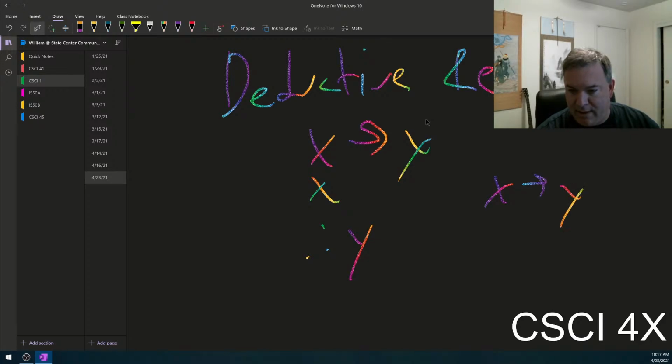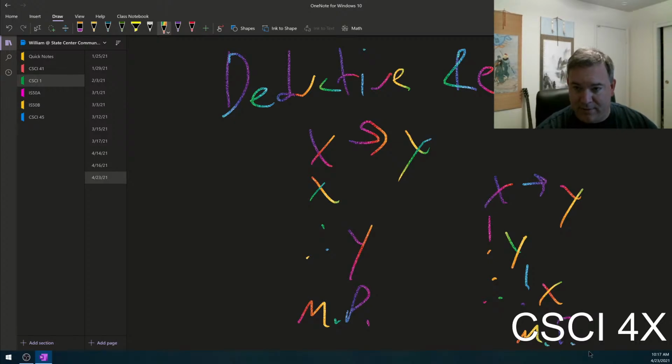X implies y, not y, therefore not x. Modus Ponens, Modus Tollens. We've talked about these extensively. This is called deductive reasoning, where you set up some sort of implication. You assert that x is true or that y is not true, and you can make a conclusion from that.